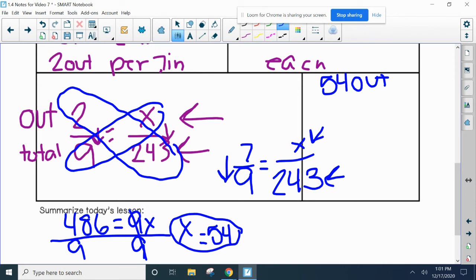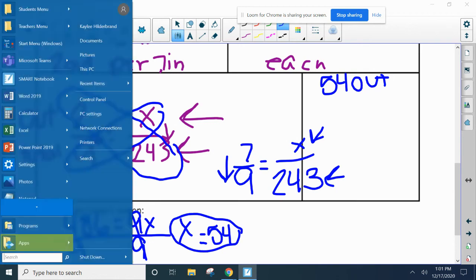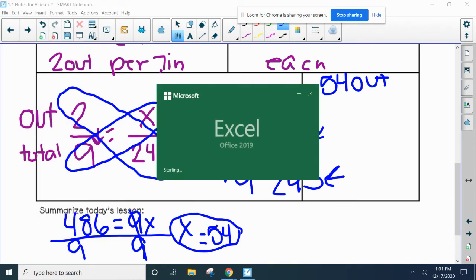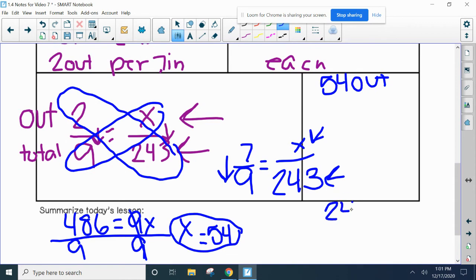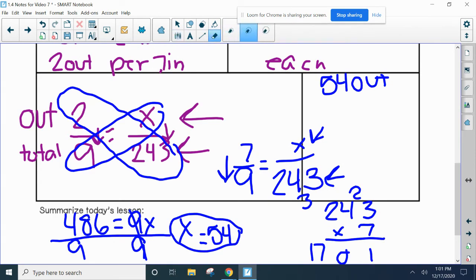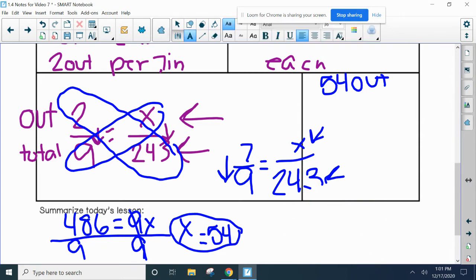So we could figure out that 243 times 7 is 1701.